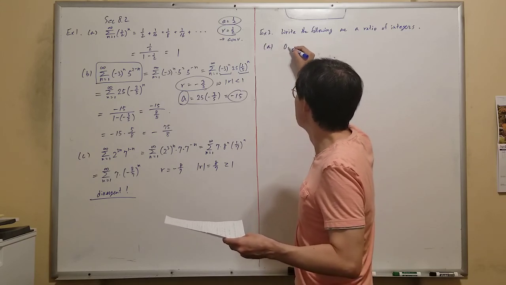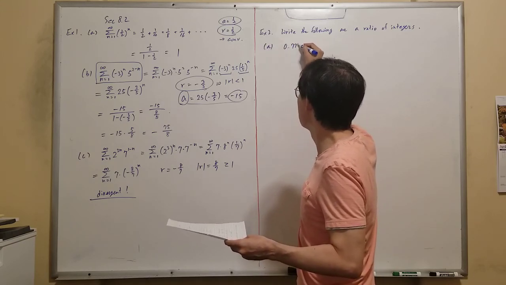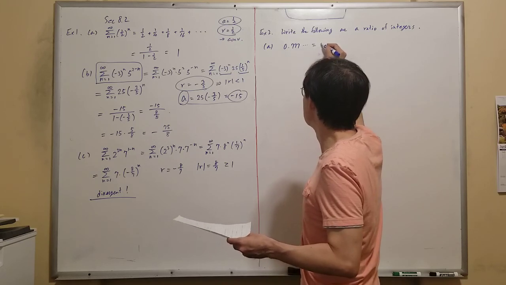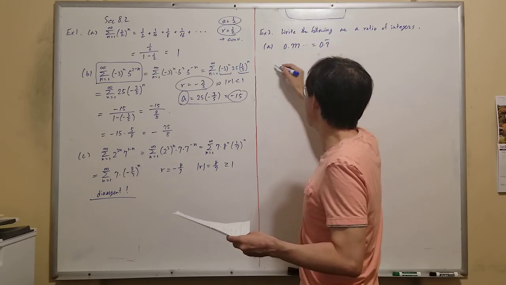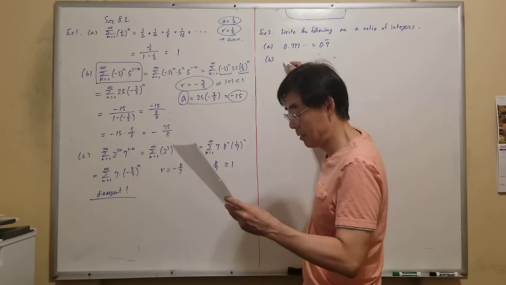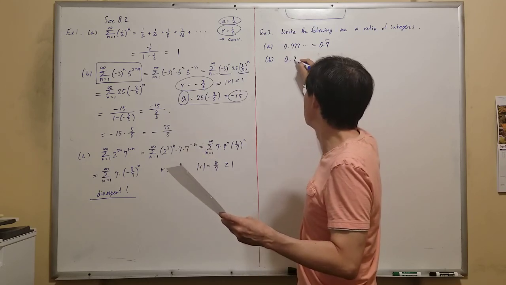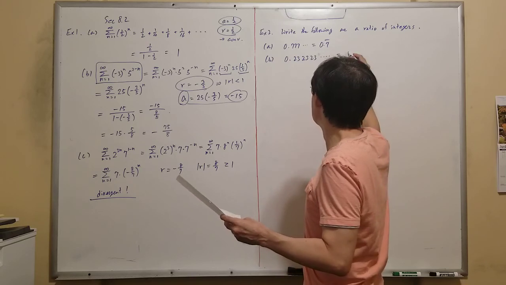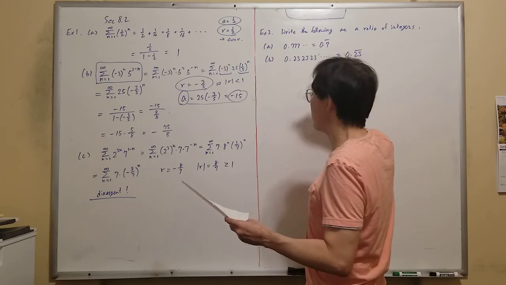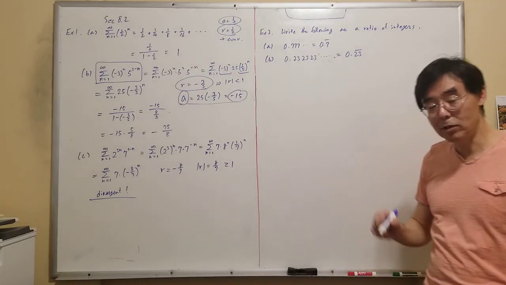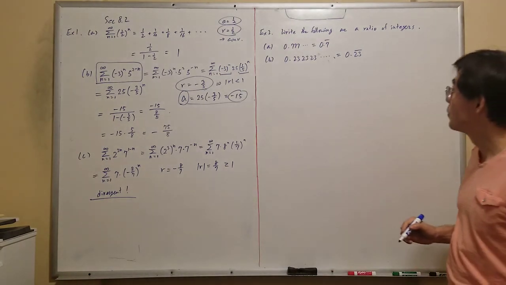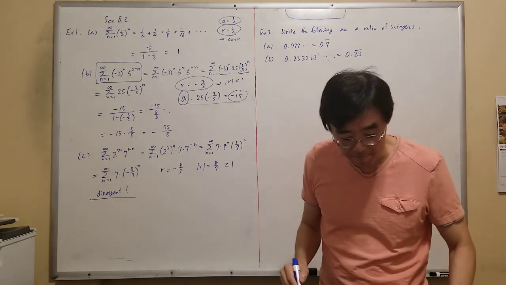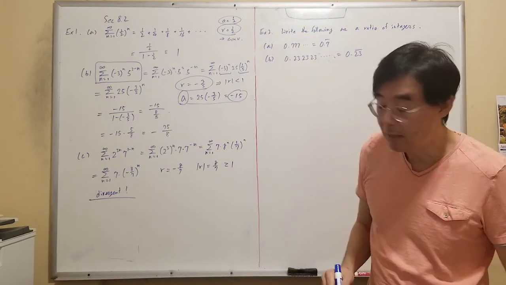A: 0.777 repeating, with a bar. B: 0.2323 forever. We use this bar notation to represent repetition. Okay?